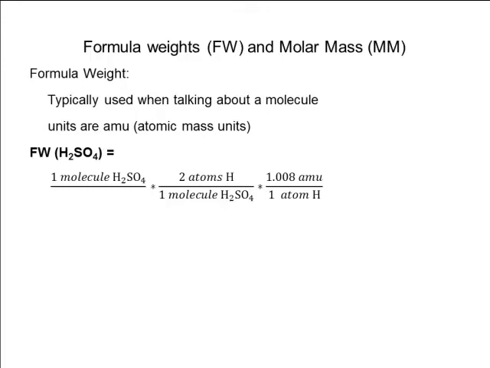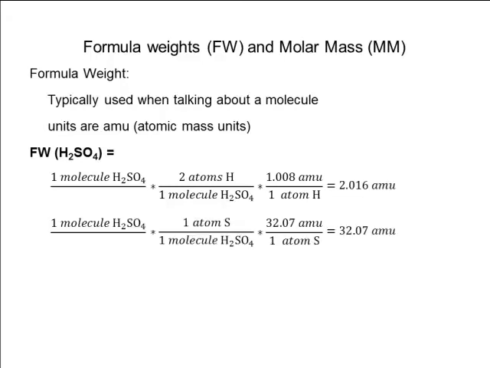Where do we get that number? From the periodic table, the mass under the atomic symbol. Because we're talking about an atom of hydrogen, the units are AMUs. So we end up with 2.016 AMUs.